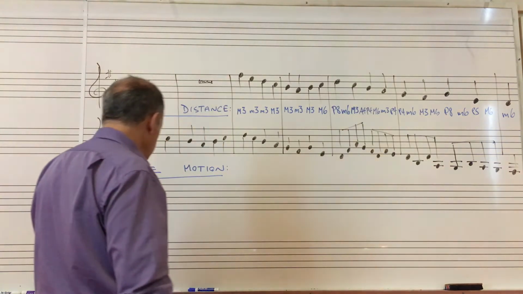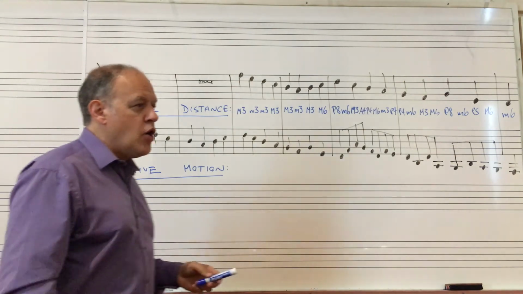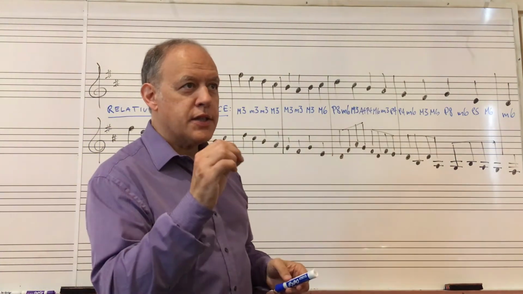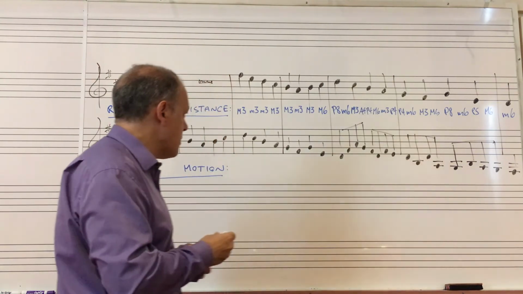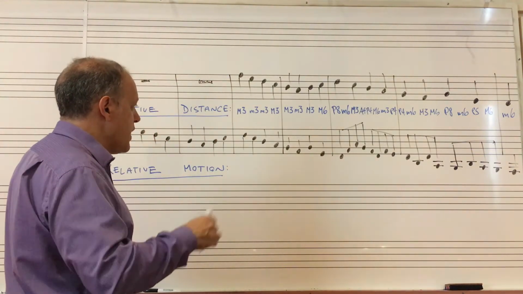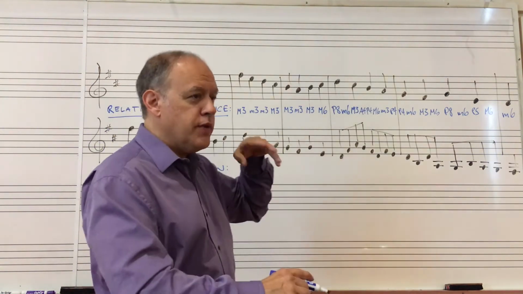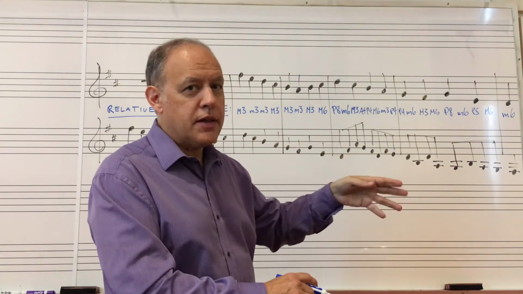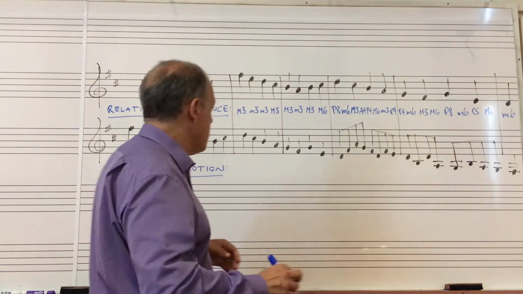Now, if we start to consider relative motion, we might start to get some sense of why Pachelbel makes particular compositional choices. We can say that as long as two parts are moving in the same direction at the same time, they are moving in similar motion.